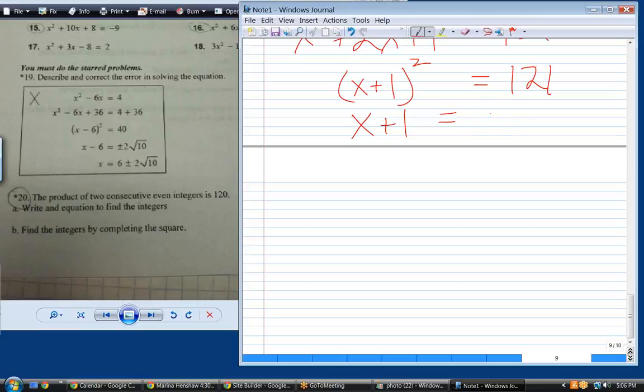But what is the answer over here? What's the square root of 121? Plus or minus? Oh yeah, plus or minus 11. Okay. So what are my two answers?